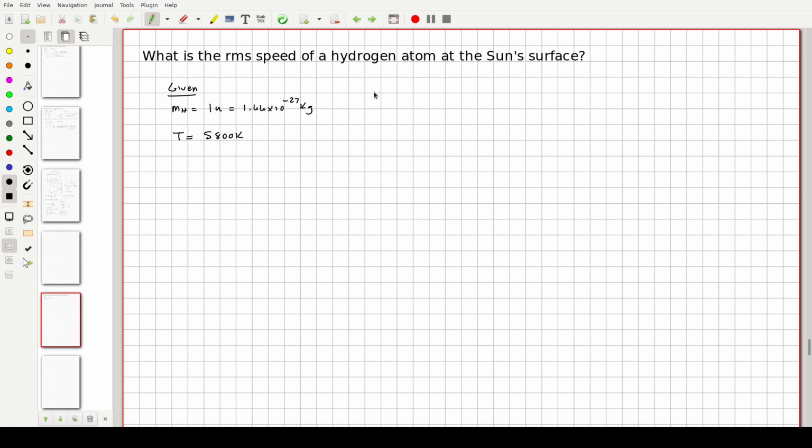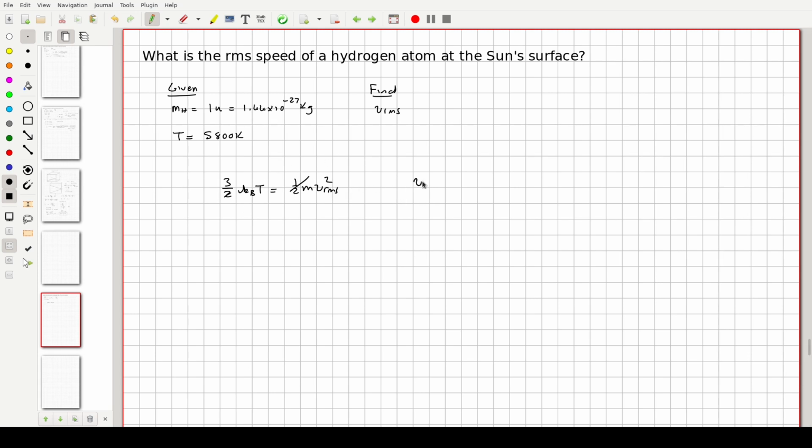What I'd like to find is v RMS. And I have an equation for that. 3/2 k sub B times T is equal to 1/2 m v RMS squared. So all I'm doing is just solving for this. I'm going to go ahead and get rid of the halves there.